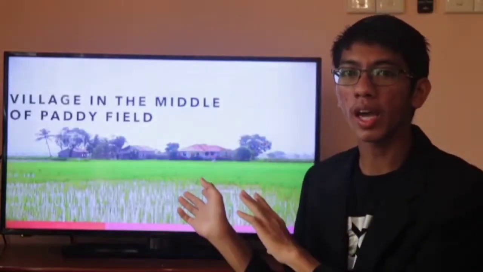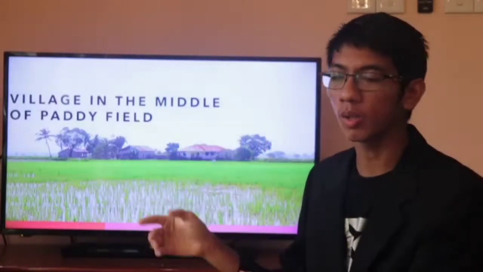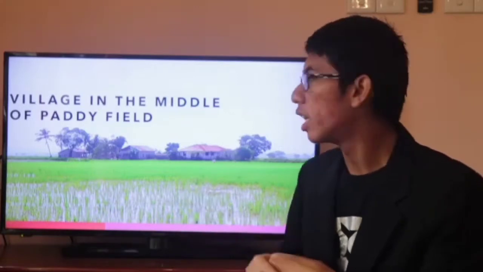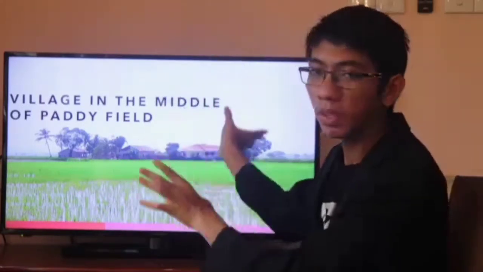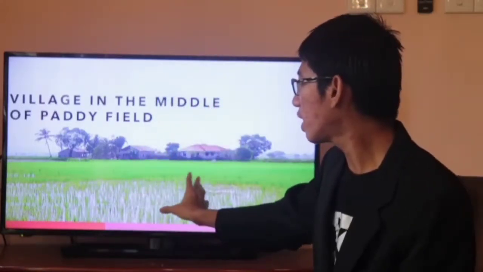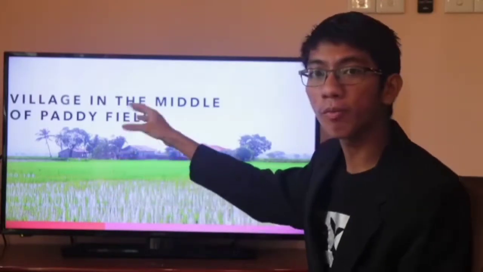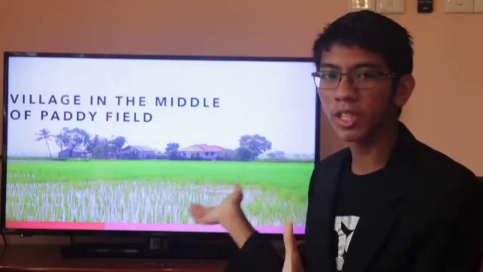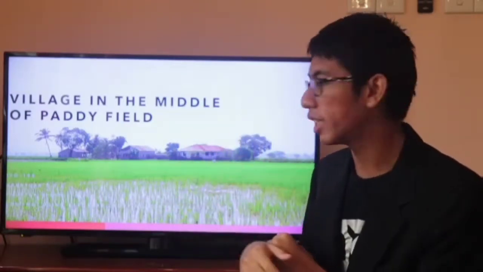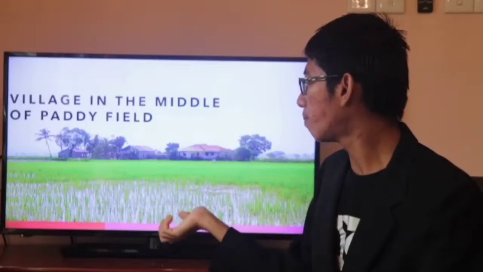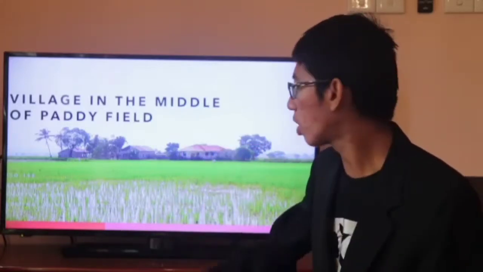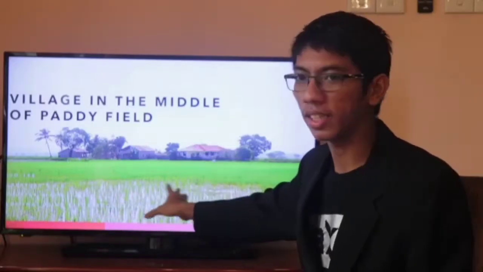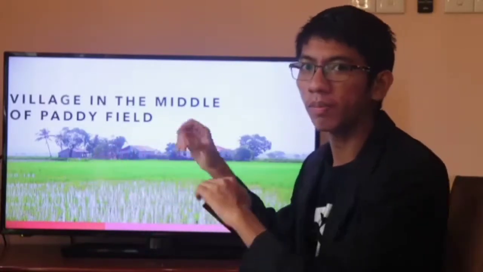Okay, now we look at the second picture, which is the village in the middle of paddy fields. In this picture, we see a few houses in the middle of paddy fields. The concept that I made for this picture is that it looks more greenish because of the paddy field plants.